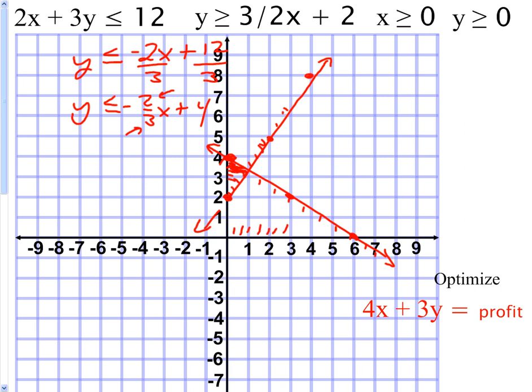So there's my final answer, that little triangle, which has vertices of 0, 4. That one's easy. That one's easy. 0, 2. And the last one is right there, and you use your calculator for that one.